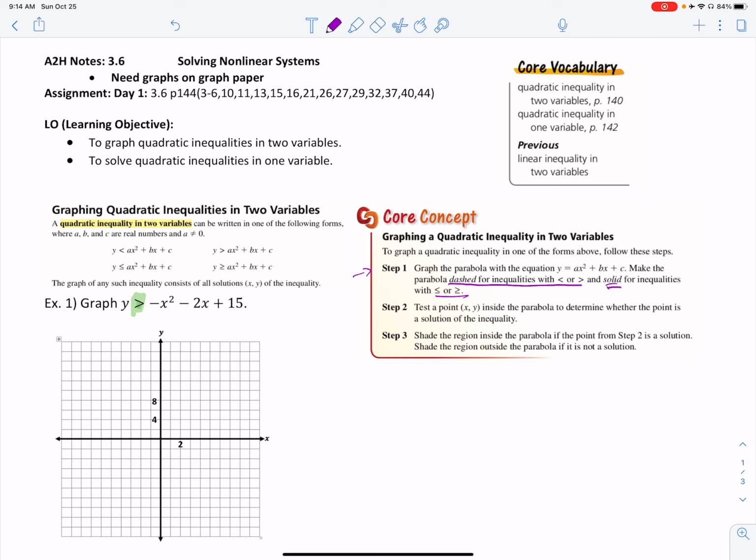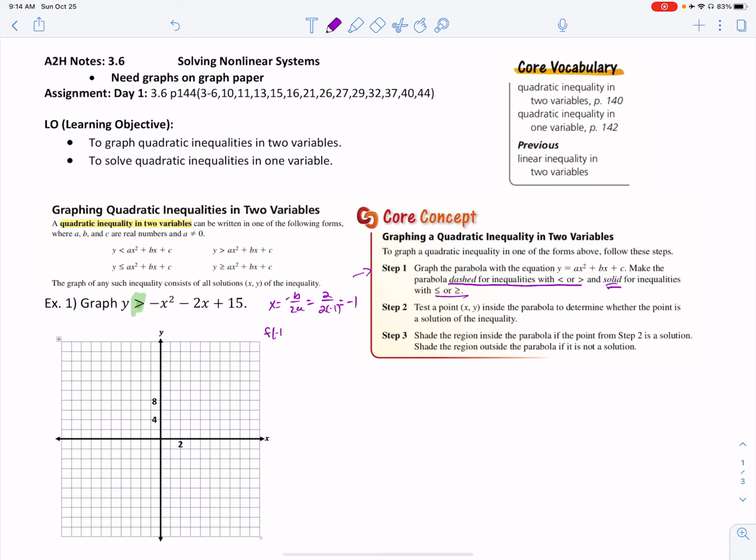And so now we're going to treat it as y equals negative x squared minus 2x plus 15. It's in standard form. So let's look at the axis of symmetry by using negative b over 2a, which is going to be 2 over 2 times negative 1, which is negative 1. And then plug that in to find the y value.